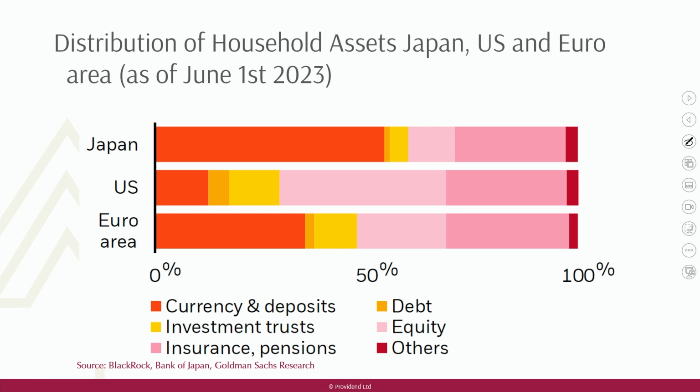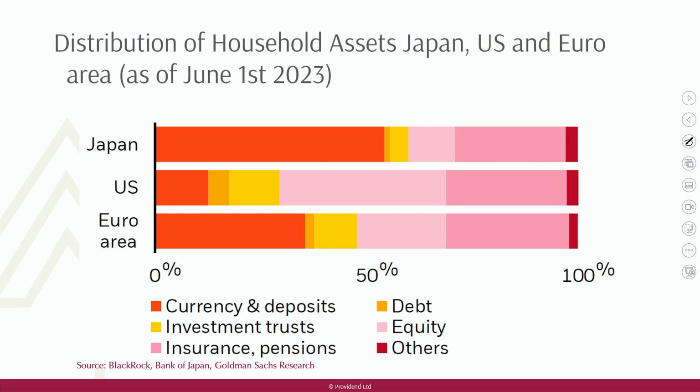If you look at the distribution of household assets in Japan versus Europe and the US, as of June 1st, 2023, Japan has about $14 trillion in individual assets, and more than half of them, about 54%, is in currency and deposits.